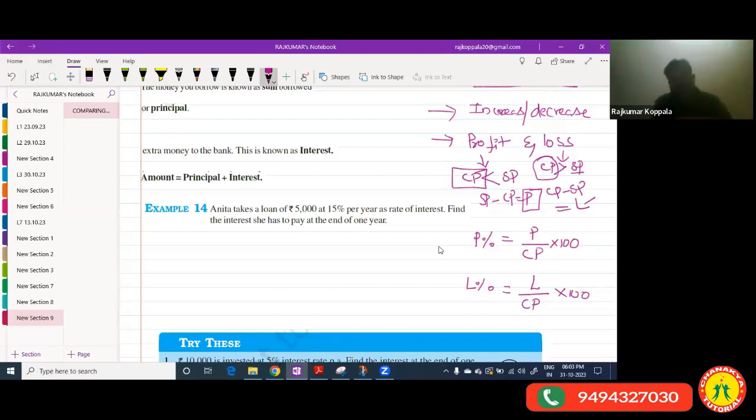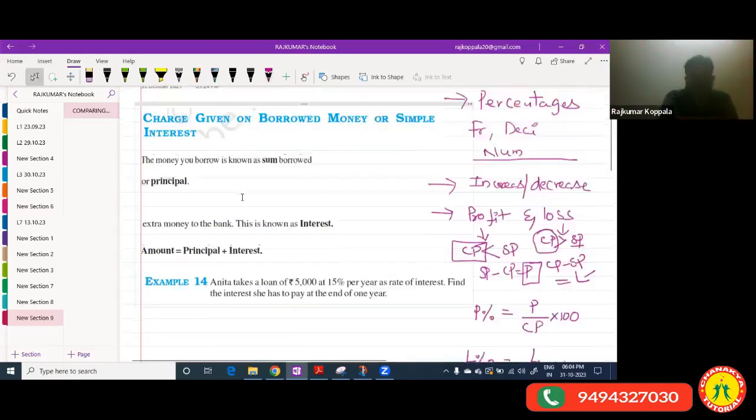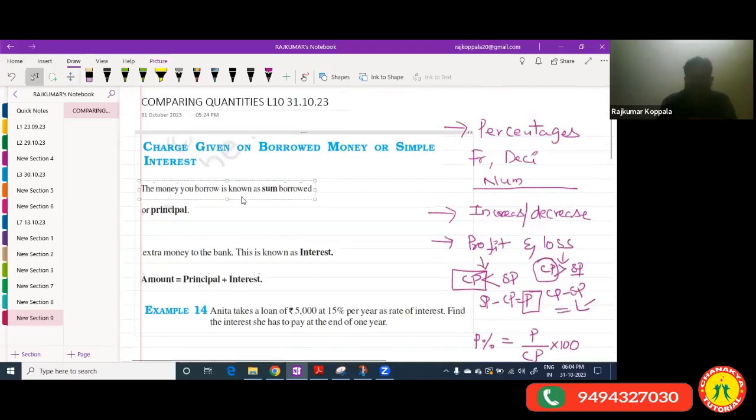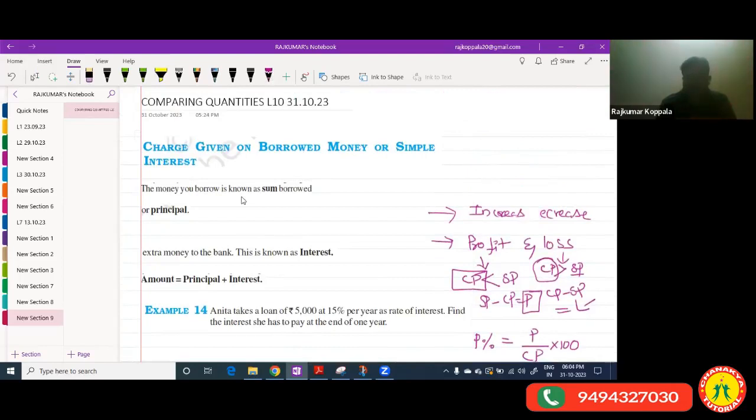Pay more concentration, then only you can understand easily. All these are daily life usage problems. We have discussed all these things earlier in the previous class. Now we will discuss the next topic.